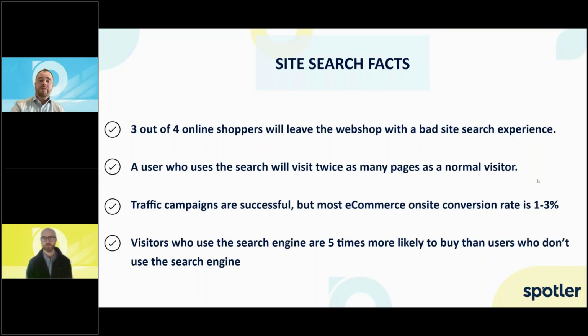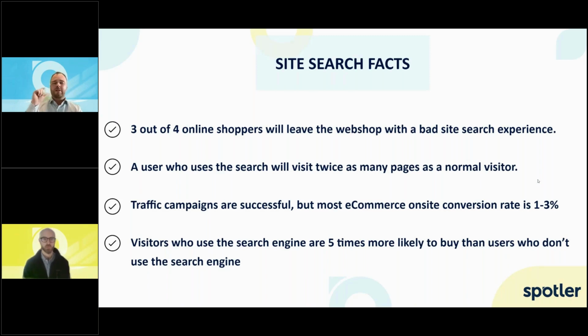What we also see is that users who are using your search often visit more pages when it's an optimized search, because they know and experience how easily the content is accessible. As Jack stated earlier, the average conversion rate on your website is between 1 and 3%.